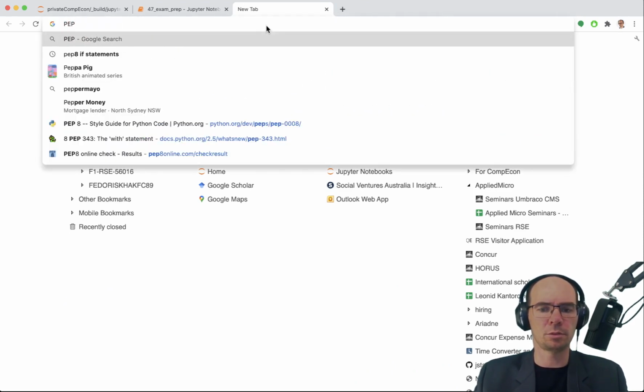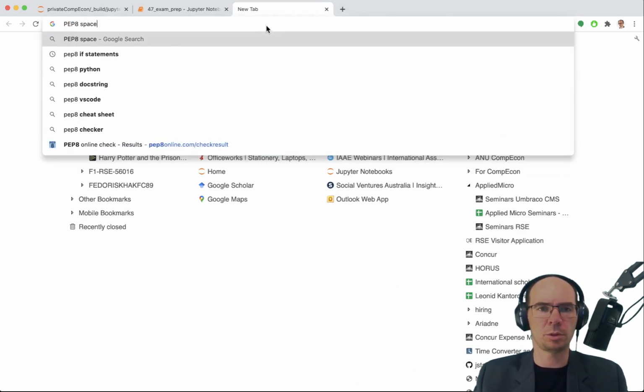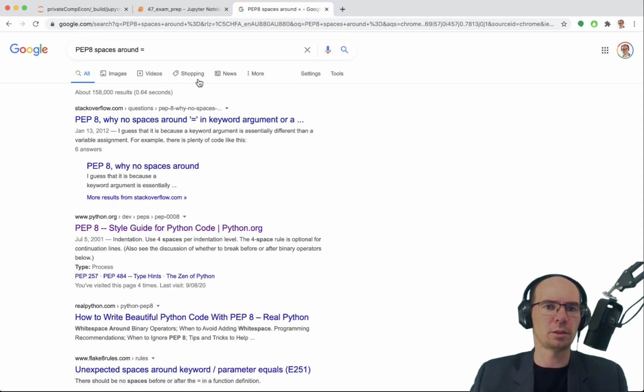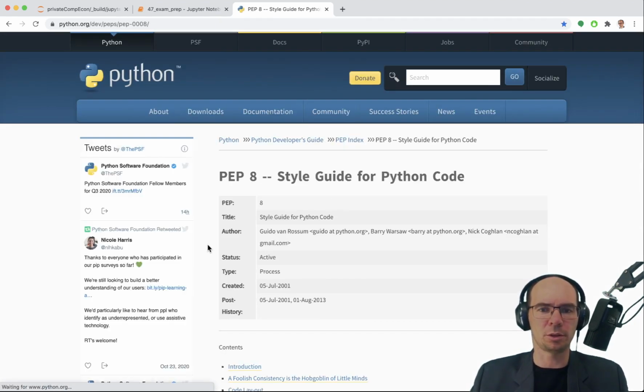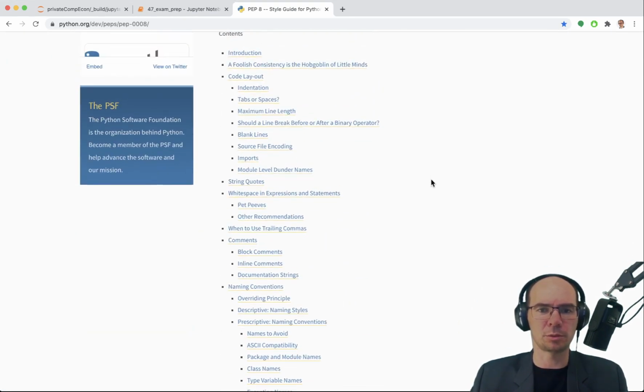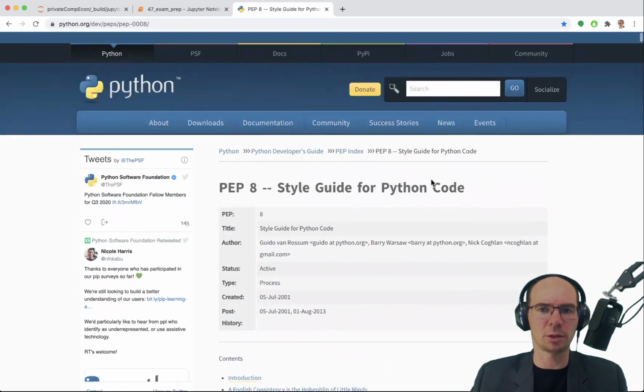So then I go to Google: PEP8 spaces around equal. Let's see what Google tells me. Stack Overflow. Well, I want to go to the original one, and browse through this long list of chapters.